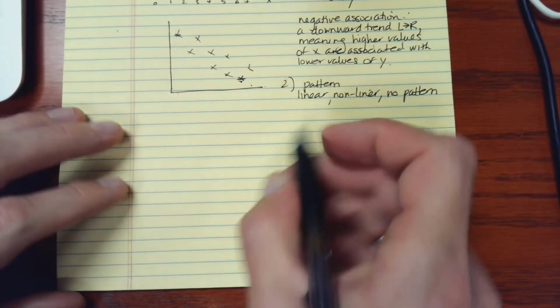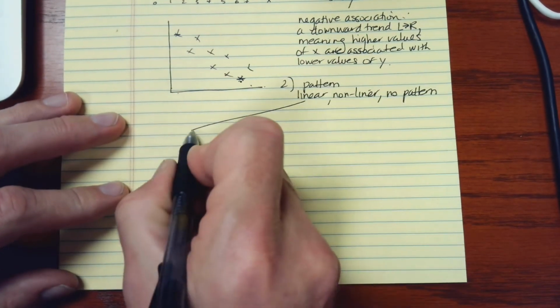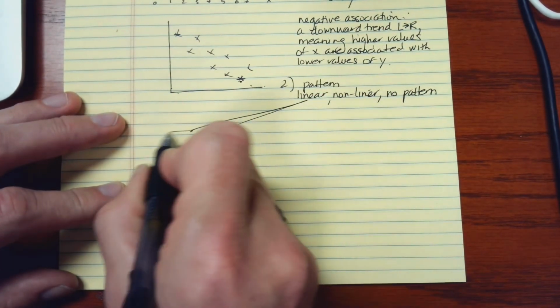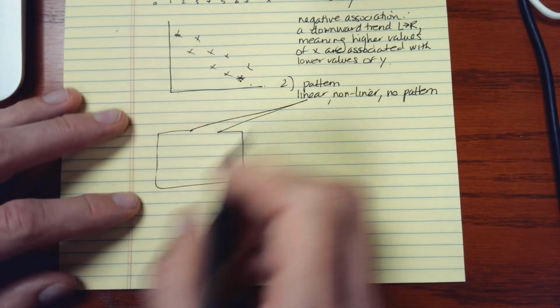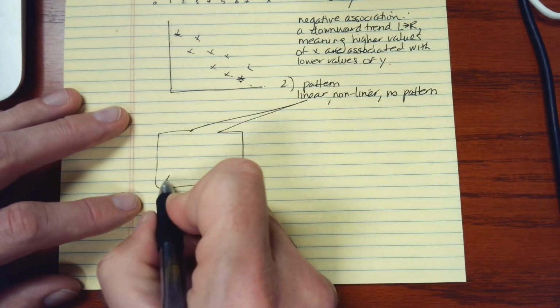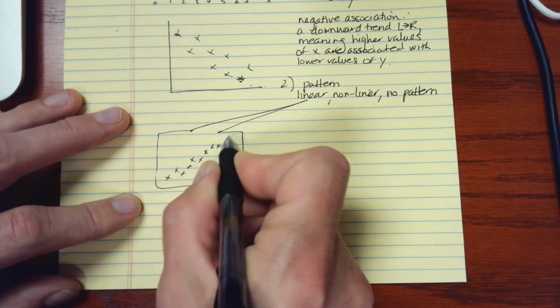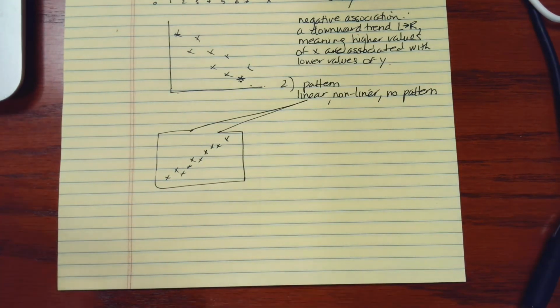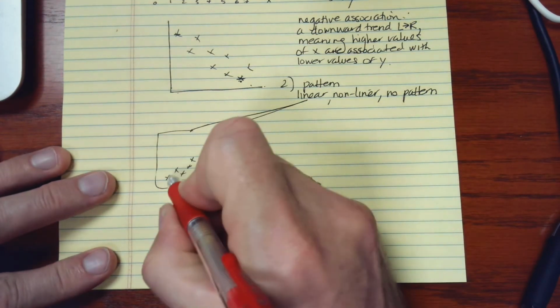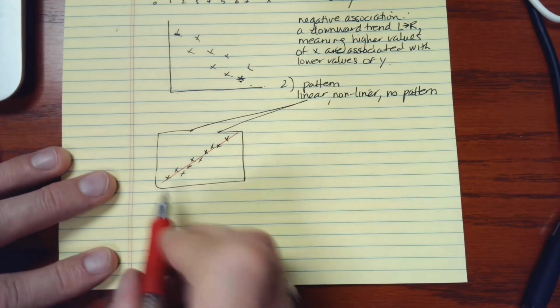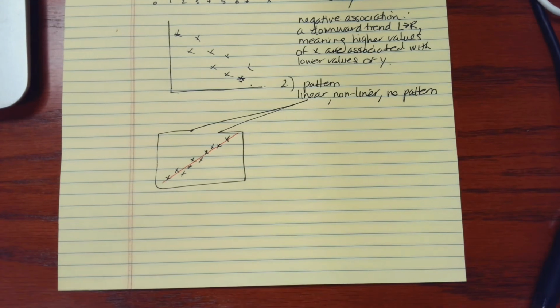So if we're looking for the linear pattern, so here's this one. If there's a linear pattern, you would expect the points in your scatter to fall on or near a straight line. So in this case, I would say that these points generally fall on or near this straight line.